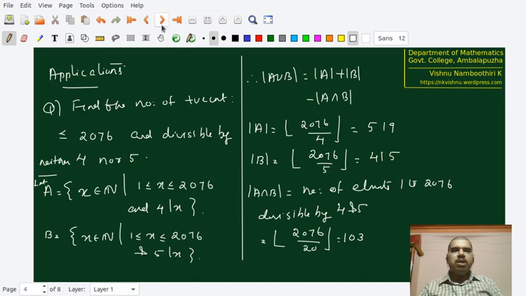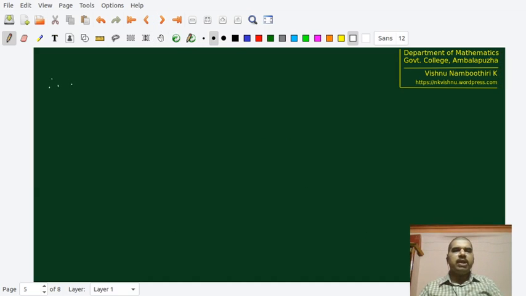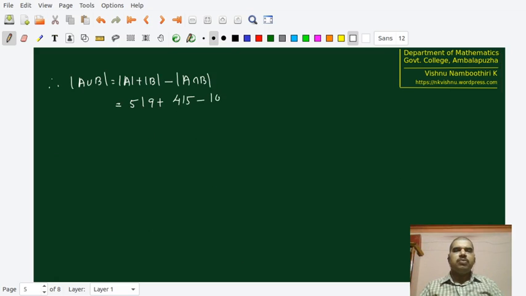So we have all the numbers in our hand now, so we can find the cardinality of A union B to be equal to the cardinality of A plus the cardinality of B minus the cardinality of A intersection B. That is equal to 519 plus 415 minus 103, and this can be calculated to be equal to 831.